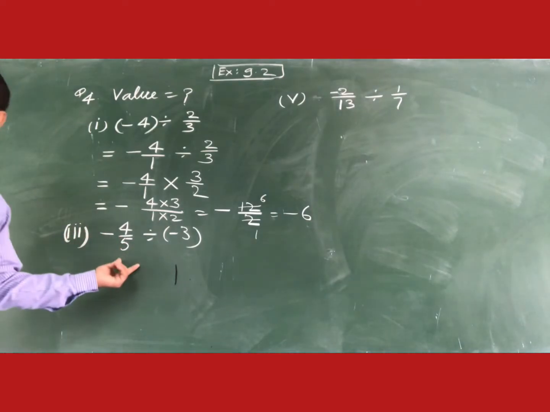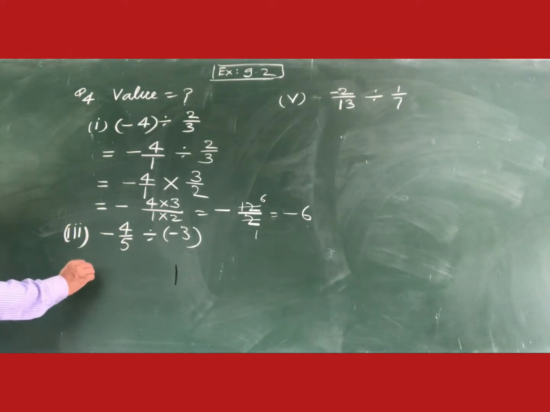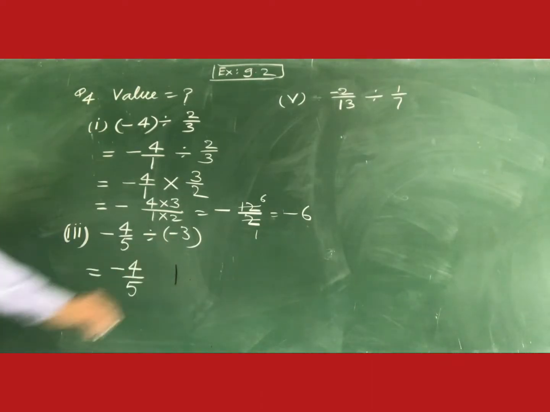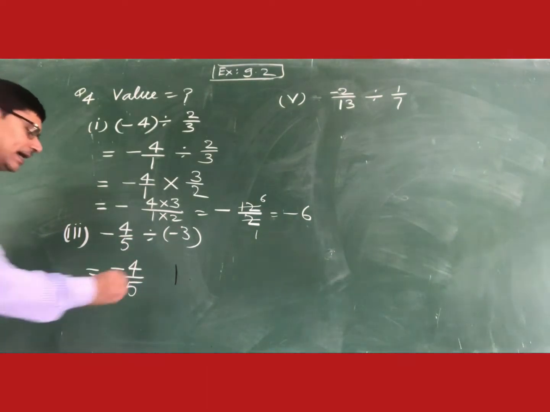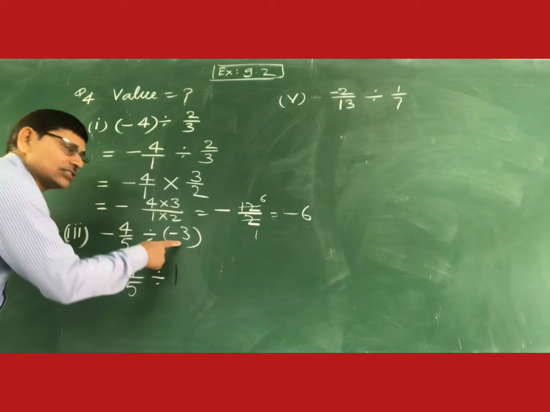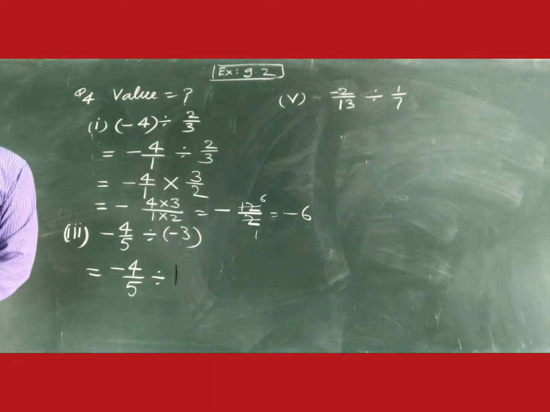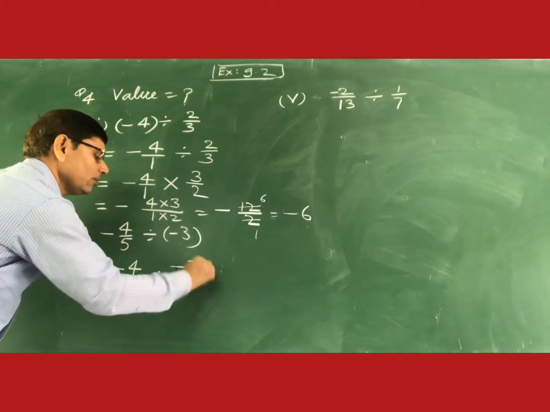After that, in the same way, you will proceed here. The first rational number is already in the standard form, no problem. And in the second, you will write divide, and this is not in standard form, so you can write by 1 to change it into the standard form, that is minus 3 upon 1.